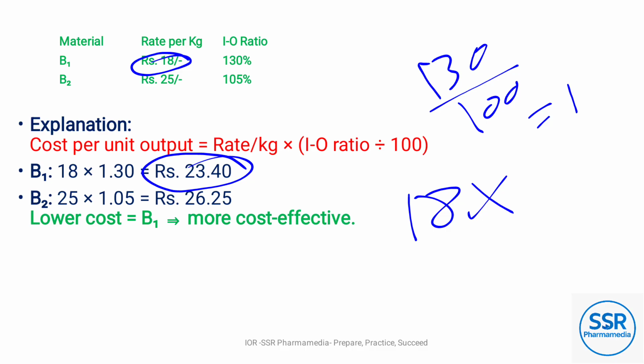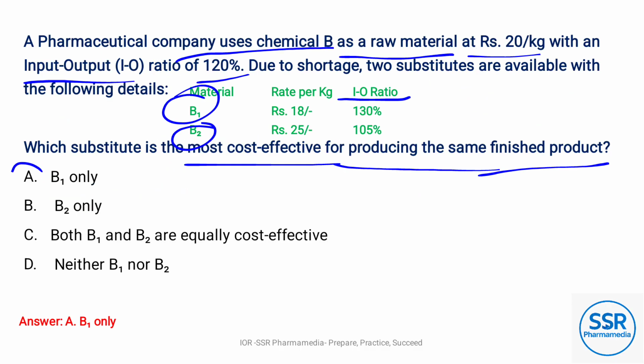And in B2, 25 into 105 divided by 100, which is 1.05. So 25 into 1.05 you will get 26.25 rupees. So the lower cost is B1, the most cost effective. So the answer is A. B1 is the most cost effective.